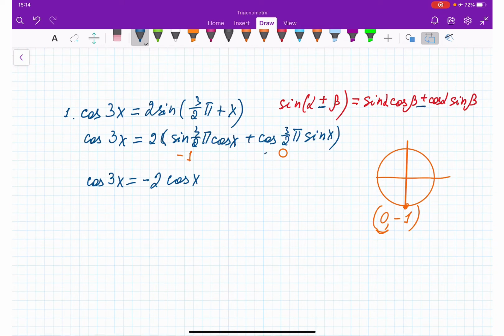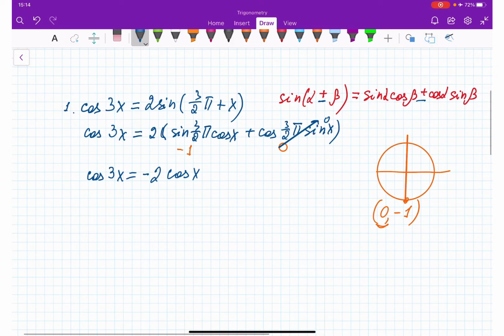This other term is going to go to 0, right? All right. Now, let's move everything to one side: cosine 3x plus 2 cosine x is equal to 0.